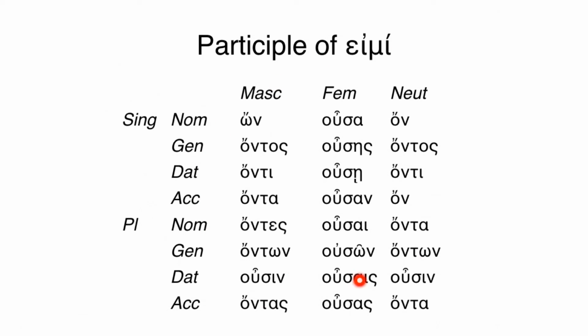So while there are a number of forms here to be learned, they're easily derived if you already know the participle table for luo. So the participle of eimi, because it means to be, we will translate as simply being.